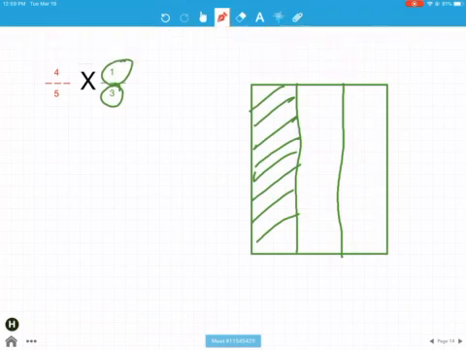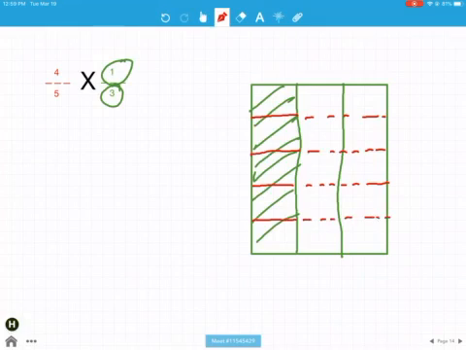Now, I'm going to do fifths, because it says fifths right here. And out of those 5, I'm going to shade in 4.